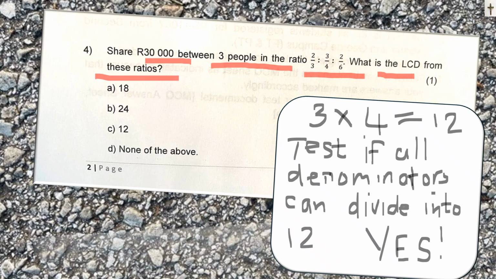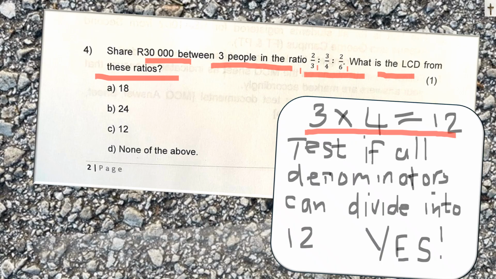So we want to find the lowest number that 3, 4, and 6, which are the denominators, can be divided into. The technique to use is to multiply these denominators: 3 multiplied by 4 is equal to 12.